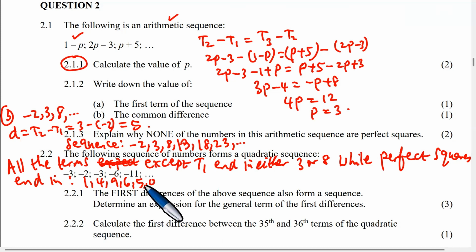Okay, so you have a couple of perfect squares that have a tendency of ending in 1, 4, 9, 6, 5, and so on.